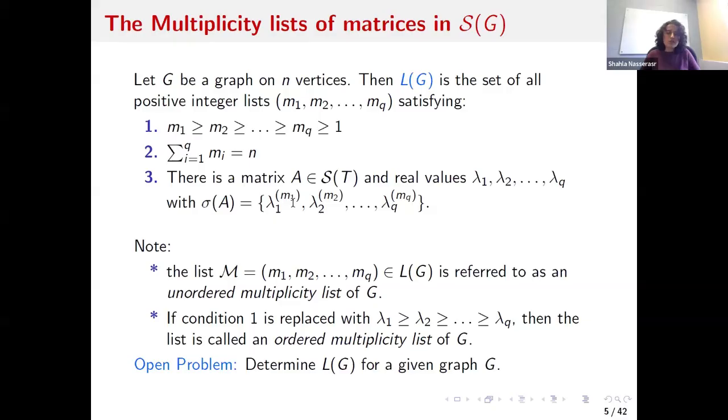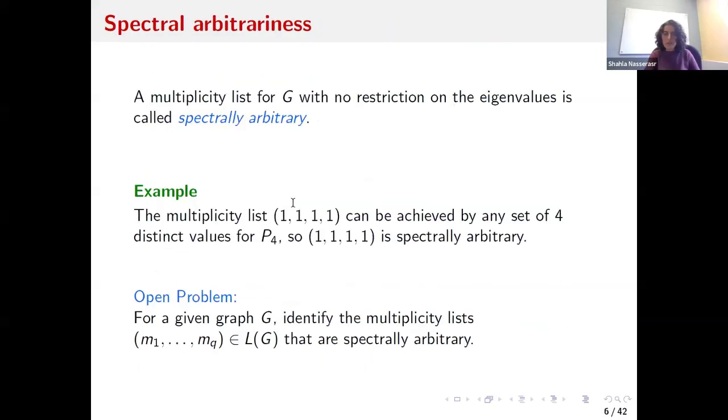So one big question here is, for a given graph G, find L of G. We can think of finding L of G as a sub-problem of the inverse eigenvalue problem. But also, consider an additional question: if a multiplicity list is achieved by a set of eigenvalues for a matrix, then what are the conditions on the eigenvalues, with those corresponding multiplicities, to be the spectrum of a matrix in S of G?